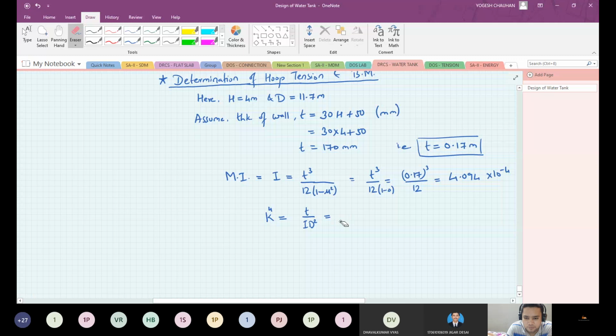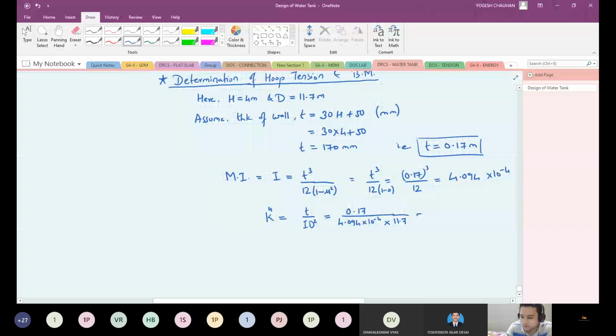Now t is 0.17 divided by 4.094 into 10 to the power minus 4, that is I, the moment of inertia, into d, that is 11.7. So this will be 3.033.